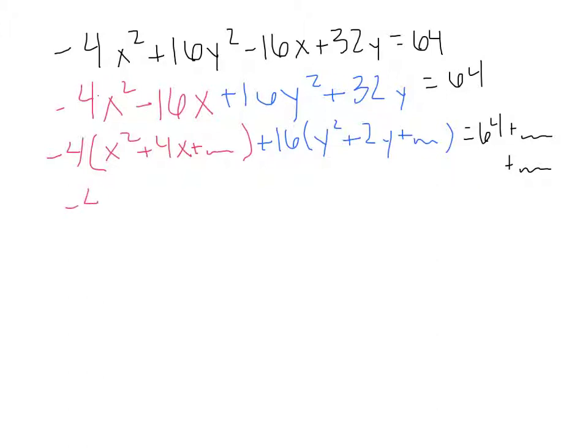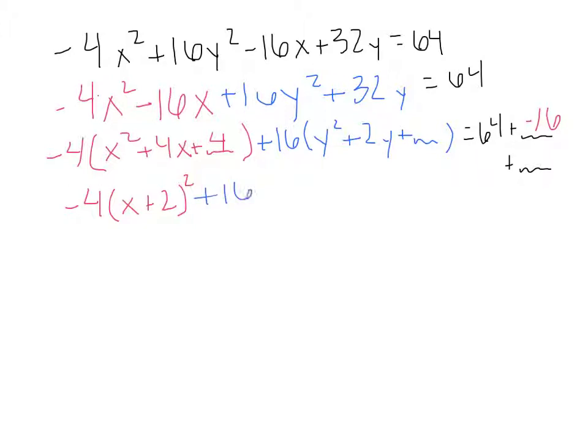So now let's go ahead and complete the square. For our x's, we need to do b divided by 2. In this case, it's going to be 2 squared, and that's 4. We didn't really add 4. We added negative 4 times 4, so we added negative 16. For our y terms, we'll do the same kind of thing.